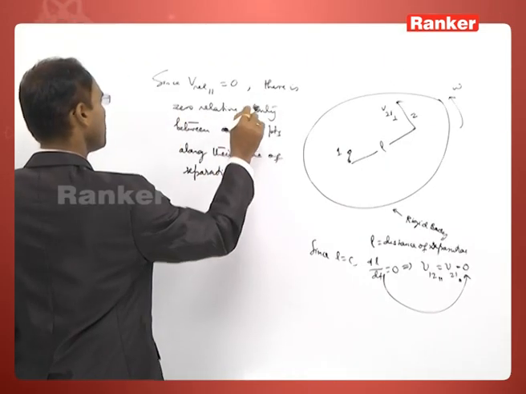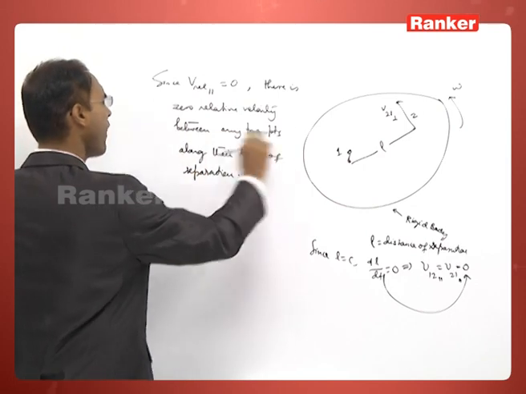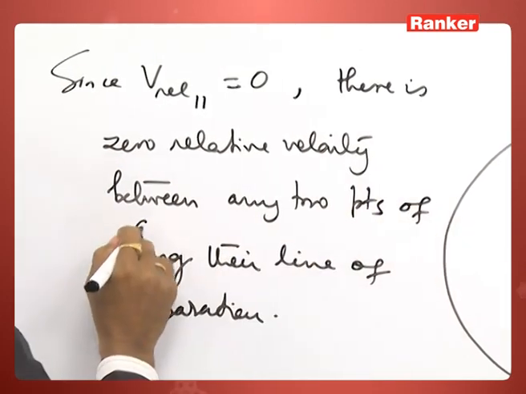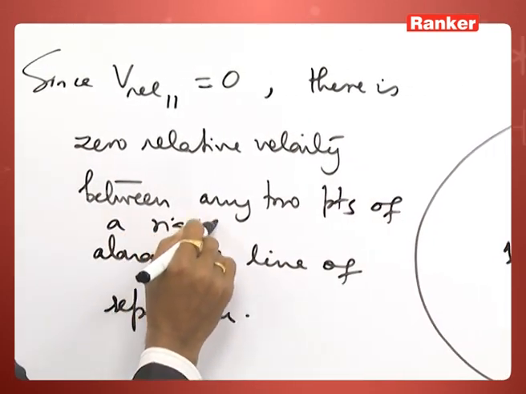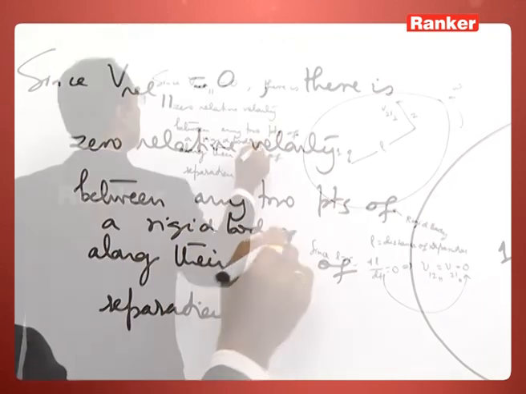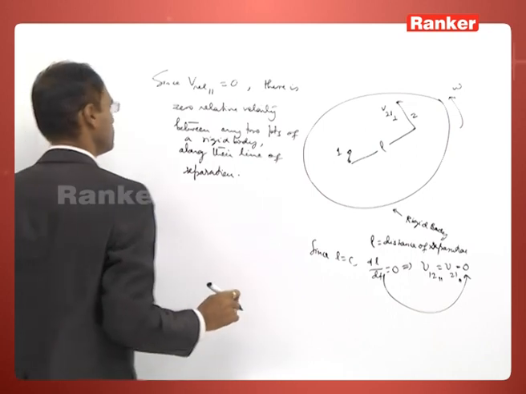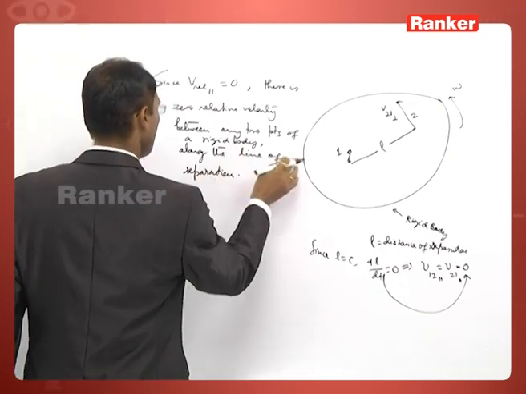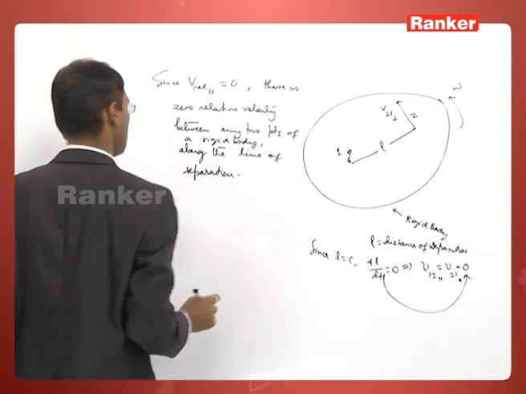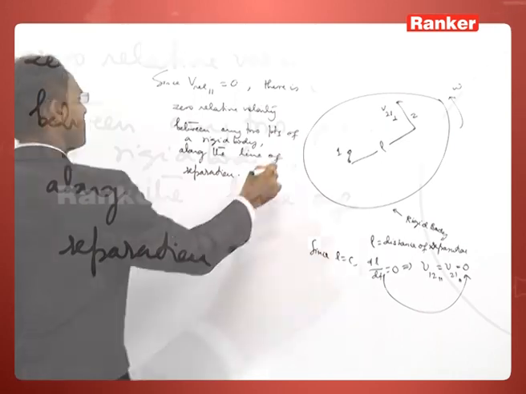There is no relative velocity, or 0 relative velocity, between any two points of a rigid body along their line of separation.